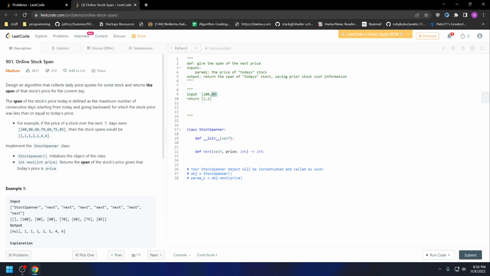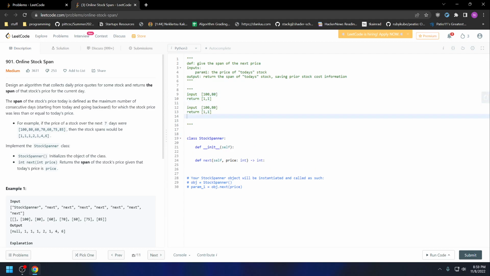If I have 80, that's less than this, so it does not belong to the span of the previous one, so we reset the span. Now if this were 110, this would be 2, because the previous day is underneath 110, so that makes sense.